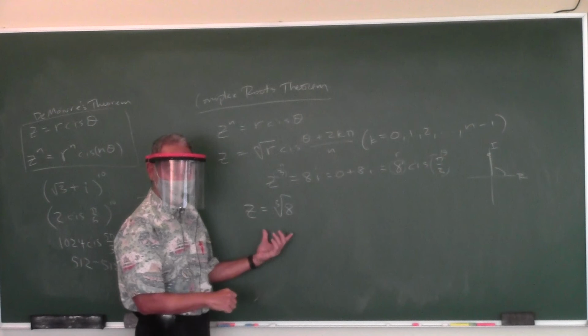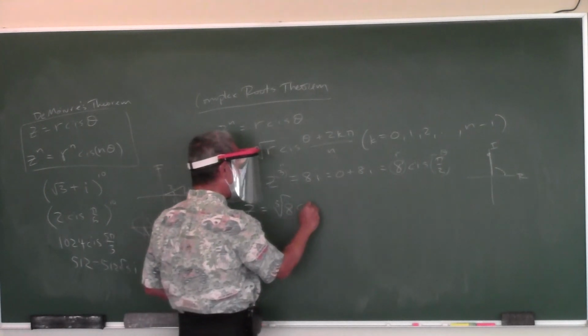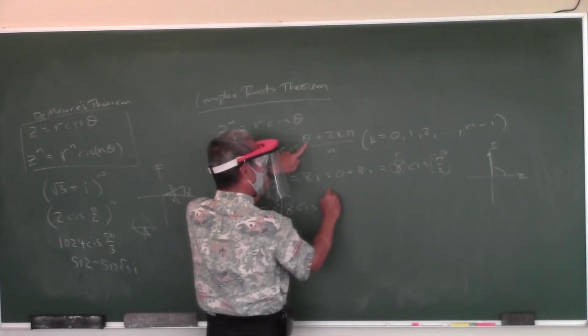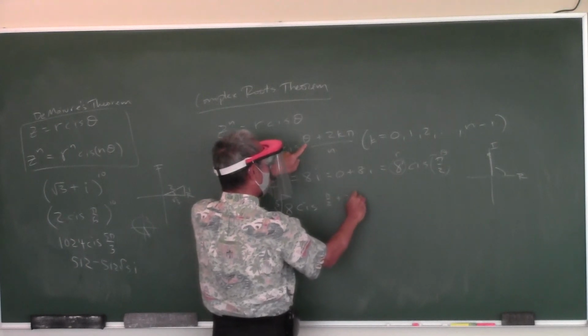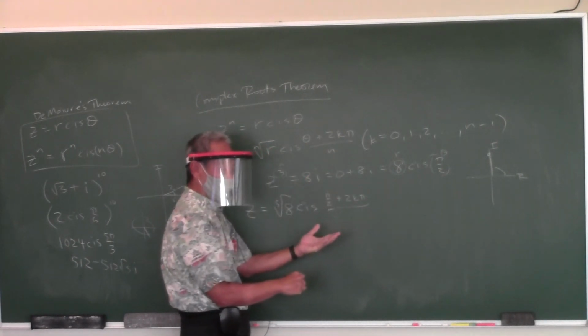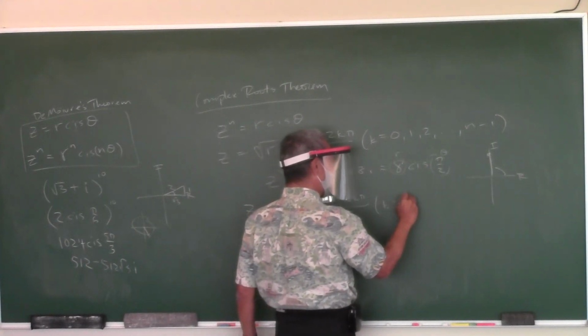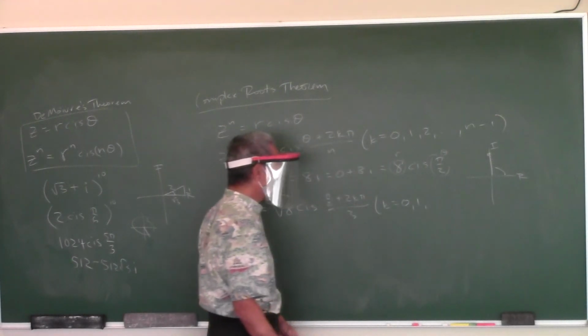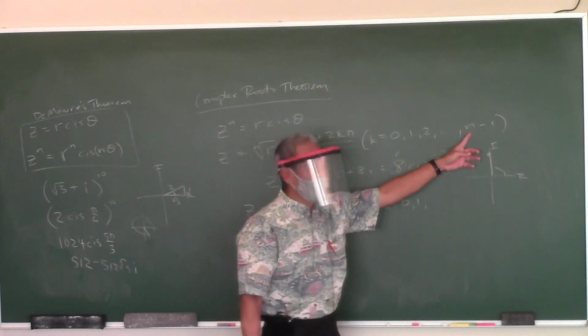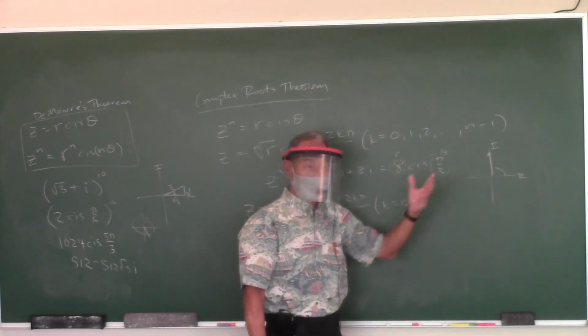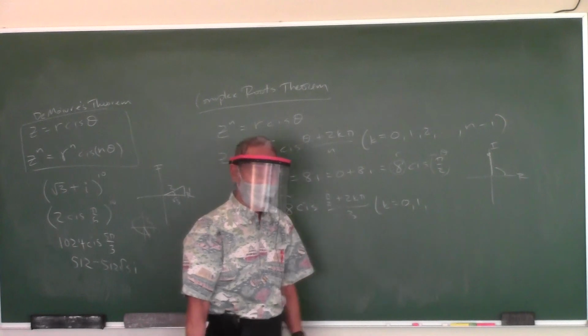See how I make it come out nice? Cube root of 8 is 2. Cis theta, which is pi over 2, plus 2k pi, all over n. What is n? 3. Where k is equal to 0, 1. When do I stop? You stop when you get to n minus 1. So if n is 3, what is 3 minus 1? 2.